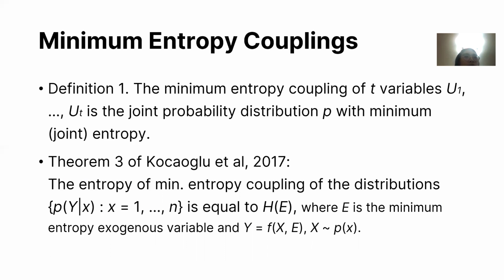Because in the paper of Kocaoglu, they proved that the entropy of the minimum entropy coupling of the conditional distributions of y given x is equal to the entropy of the minimum entropy exogenous variable. So one can convert the problem of the minimum entropy exogenous variable into the entropy of the minimum entropy coupling of conditional distributions.